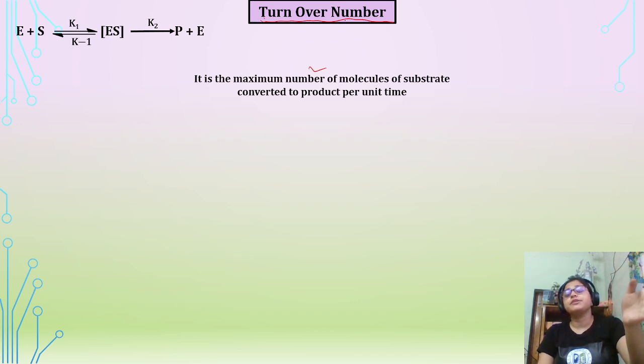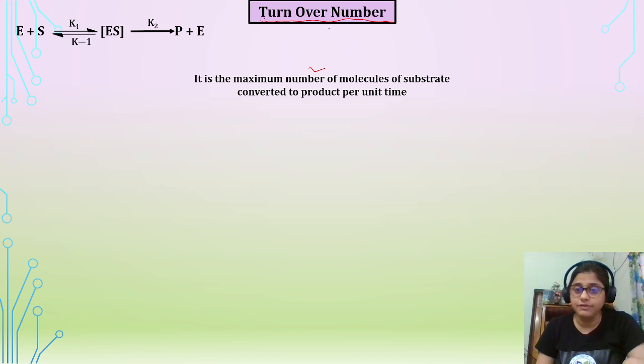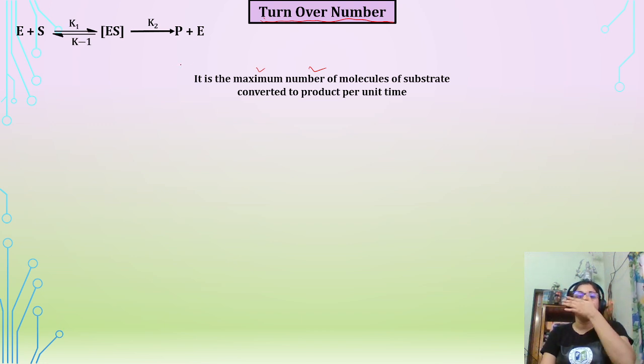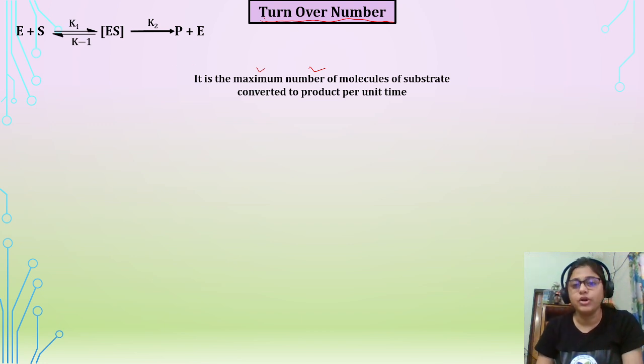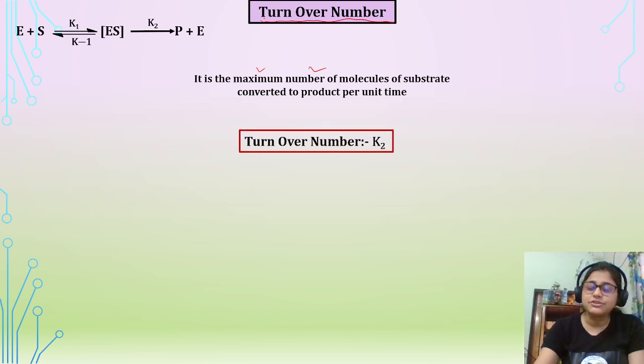For the frequency, we divide by time, but generally it is the same as the turnover number. The maximum amount of substrate converted to product per unit time is actually equal to K2, the rate constant of the last step. So this you have to remember.